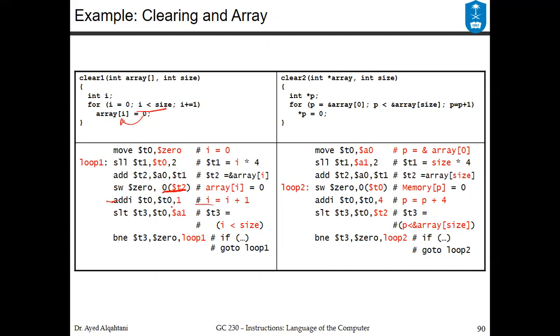Once you're done with this, you increment the value of I, and then you check the condition. So we did some optimization here where we assign the I, and then we right away calculate this one, because we know that the first member, which is I equal to 0, we surely have to clear it, and then we go and increase the value of I here, and then we could check the condition and so on.